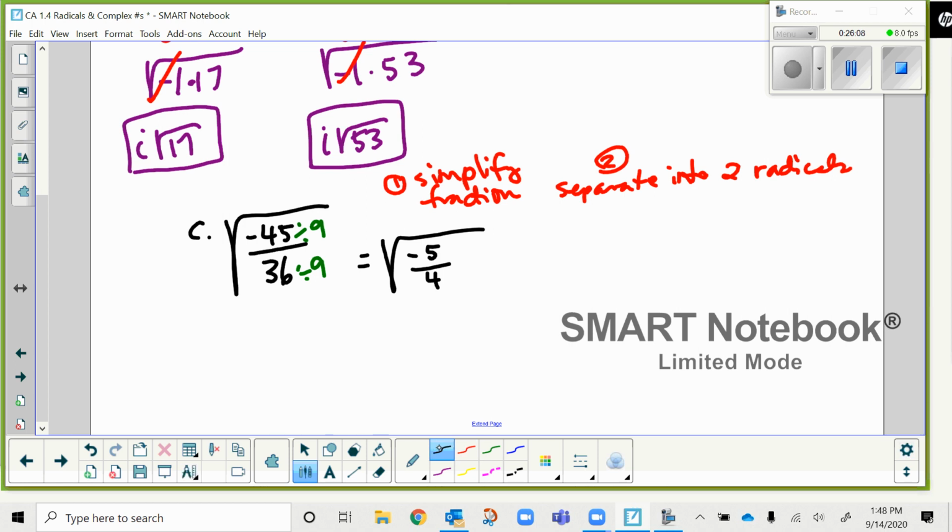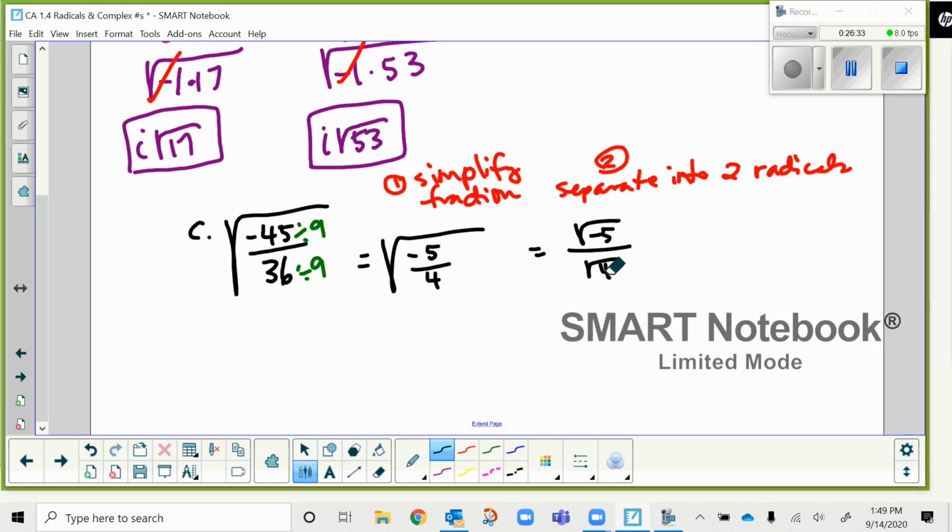Here's what I mean by that. One for the numerator and one for the denominator. So square root of negative 5 on top and square root of 4 on the bottom. And then you just simplify those two baby radicals.